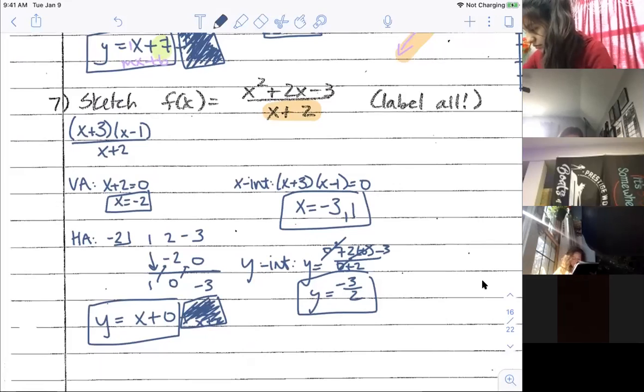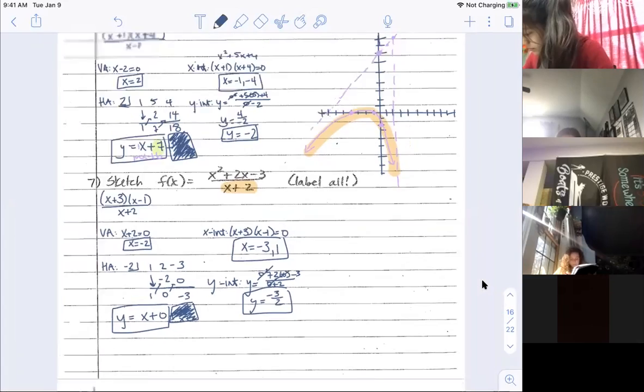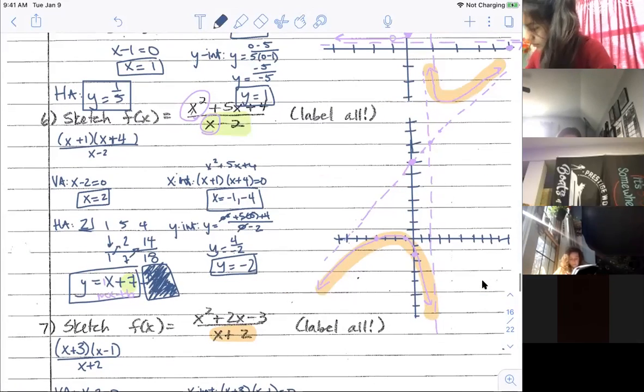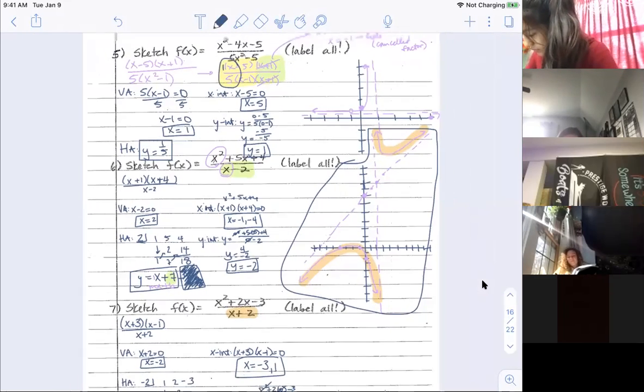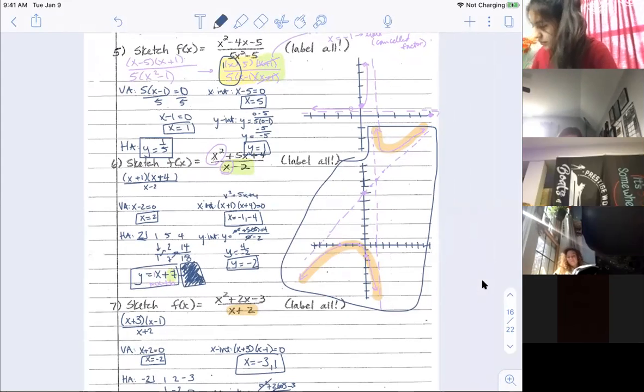Now that I have all my pieces, I want to graph it. I don't need my graph to be scaled as small as last time because y equals x plus 0 is my horizontal asymptote, so I don't need to go as high up on the graph as I did over here. I know I got rid of this graph over here, but we'll call it there.